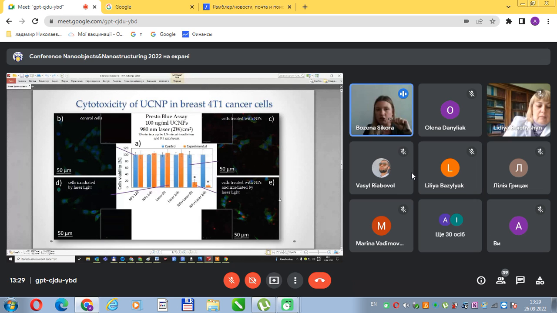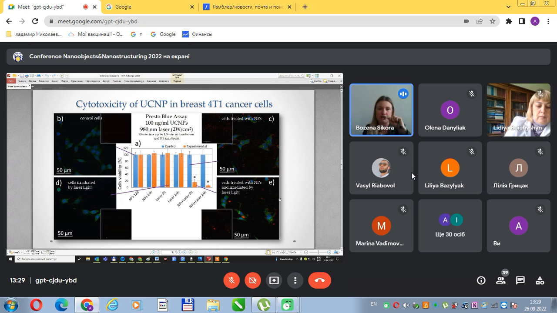Only the cells without nanoparticles, only with irradiation. Yes, and that means that only in the case that we have both nanoparticles and irradiation, we observe the cell viability decreasing.